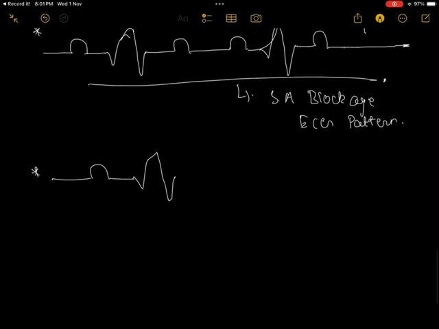So due to that, as I have said, there will be cessation of P waves, or there will be no forming of P waves in terms of ECG pattern.